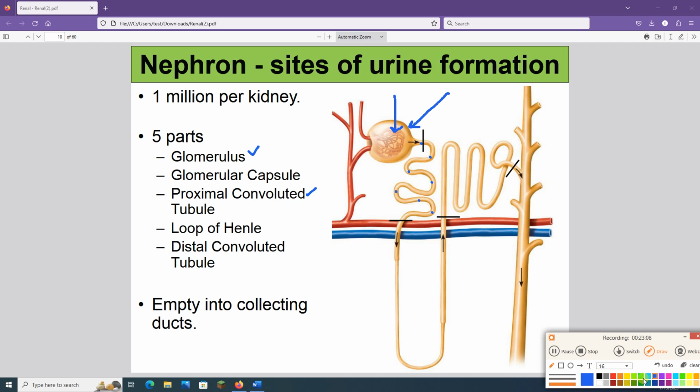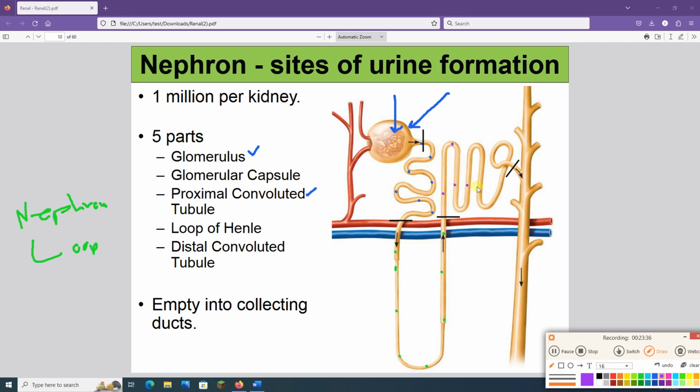And then we get something called the loop of Henle, also known as the nephron loop. And the nephron loop, I'm going to put some green dots in it right here. The nephron loop goes down and goes up. We'll talk about it. And then we get another farther away twisty guy. Purple dots in it.